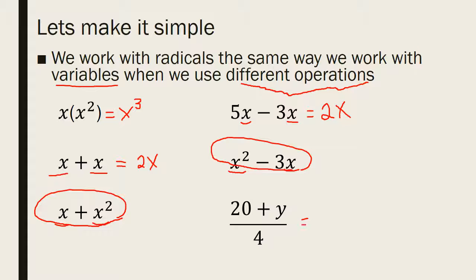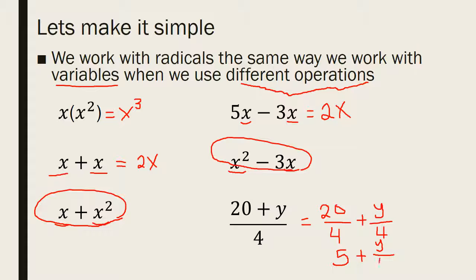So what we can do here to simplify this expression even more is to break down the fraction into 20 divided by 4 plus y divided by 4. When we divide 20 by 4, I end up with 5. So I'm going to end up with 5 plus y divided by 4.